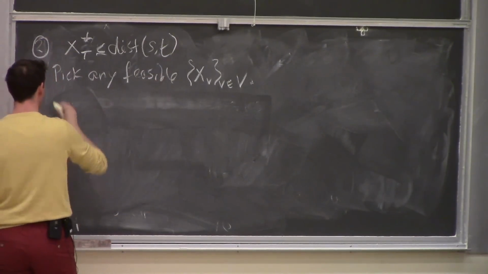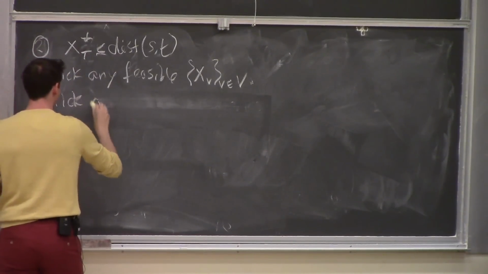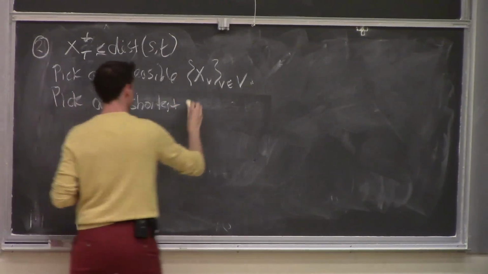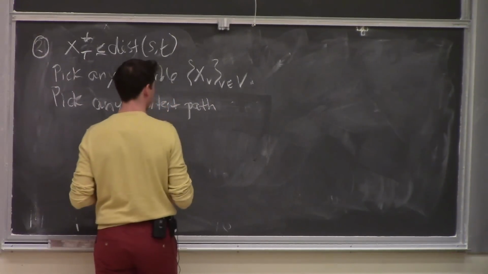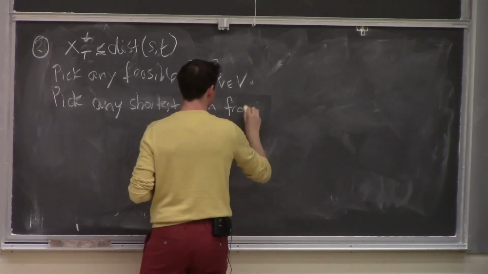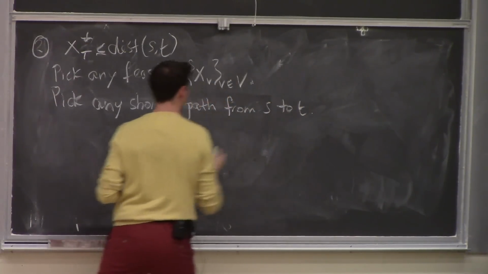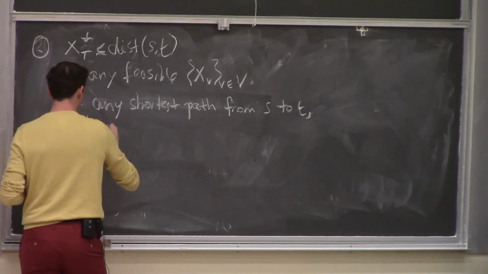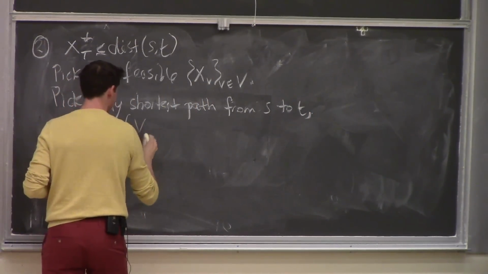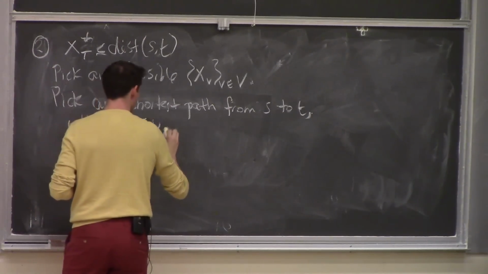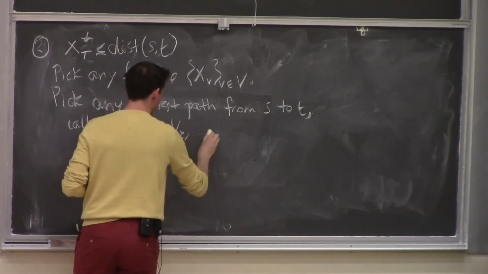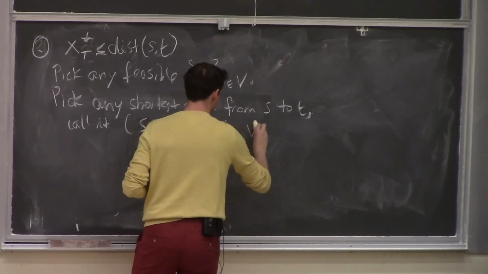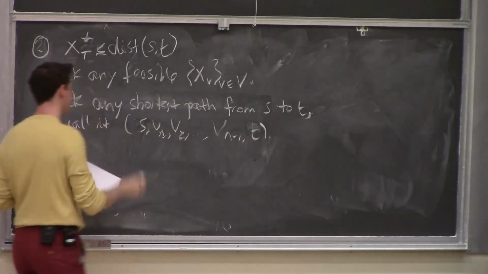So pick any feasible one, and then also pick any shortest path, okay, from S to T. And let's call it, say, S, then V1, then V2, blah, blah, blah, up to V(n minus 1) and then T. Okay, doesn't matter how long it is.